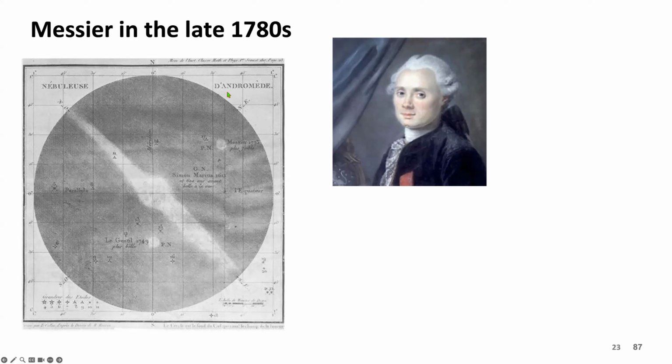We now know that Andromeda is a galaxy, and here it was as drawn by Messier in the 1780s using a telescope 4 inches in diameter in what is now downtown Paris, right near the Sorbonne. You couldn't do this today because the atmosphere is not clean enough to see as well as Messier did.